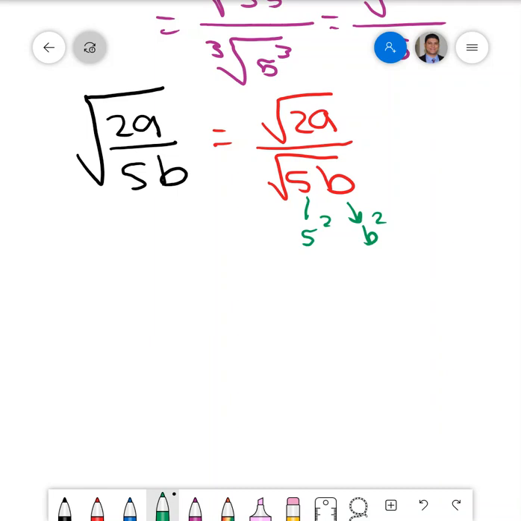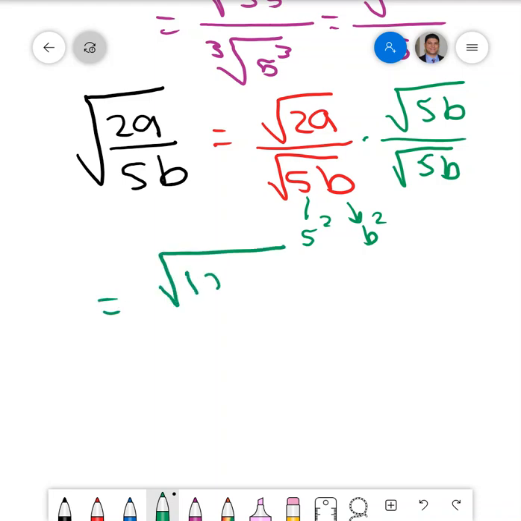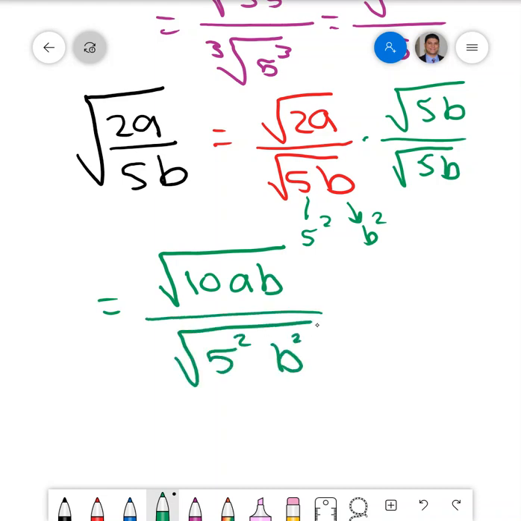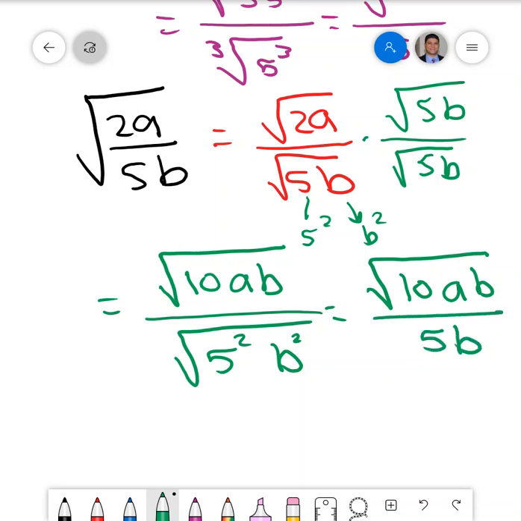To do that, I have to multiply by the same, so radical 5b here and radical 5b here. Now let us multiply numerator and denominator, so we'll have radical 10ab over radical 5 squared b squared. Now we can get rid of the radical, so we have radical 10ab over 5b.